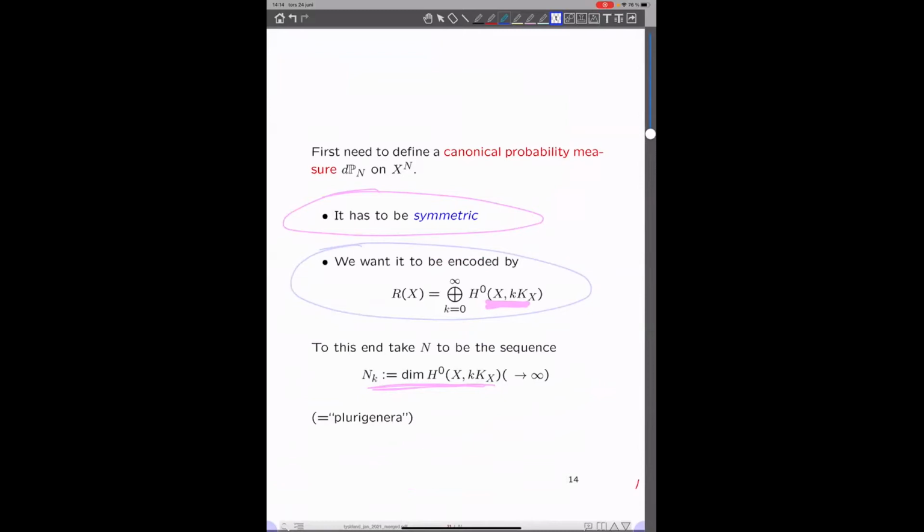More precisely, at level K, the approximation at level K should be encoded by the pluricanonical forms at level K. Okay, so to this end, I will take the number of points not to be any old sequence of points, but it will actually be N appearing as N_k, which is the dimension of the space of global sections.